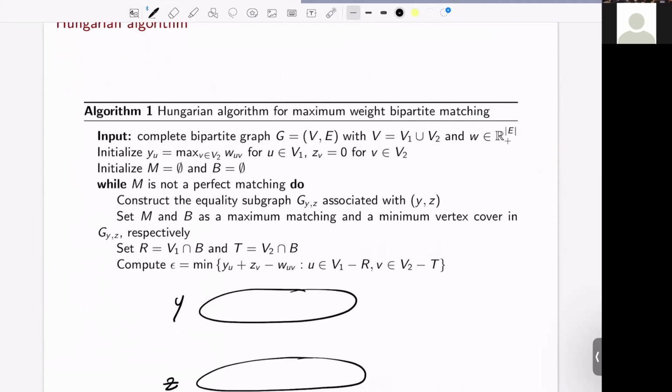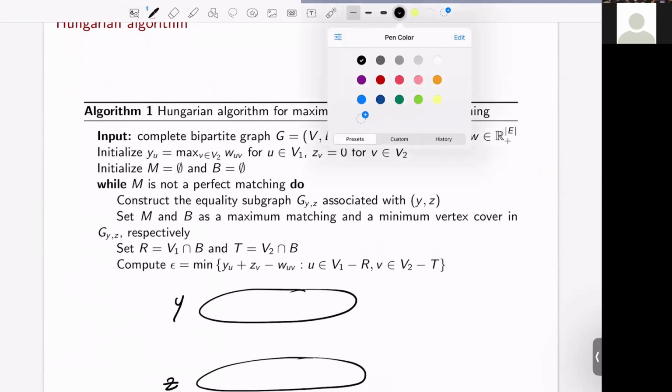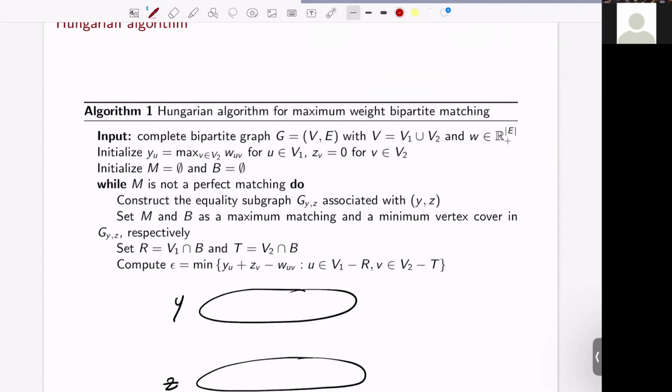Let's say my capital B is a minimum vertex cover. R is the subset of the vertex cover from the top set, V1. And T is the subset of the vertex cover from the bottom.